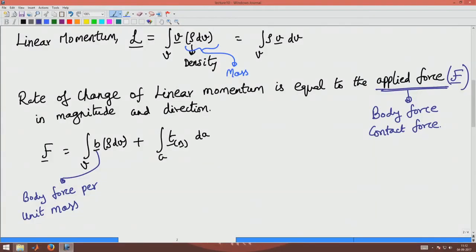Since we are not considering charges in this course, or we are not interested in electromagnetic forces, we are considering the body force to be per unit mass. And rho dV, as we saw before, denotes the mass. So, this gives the sum total of body forces acting on the body.